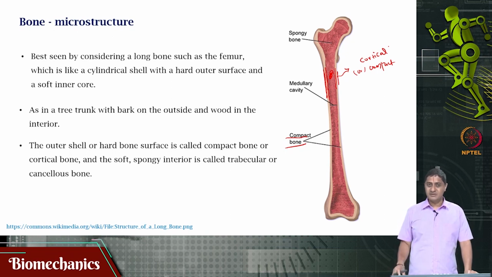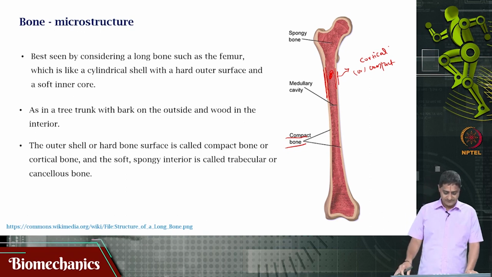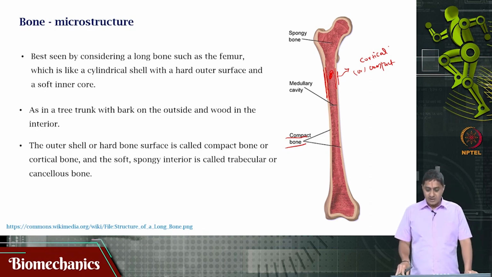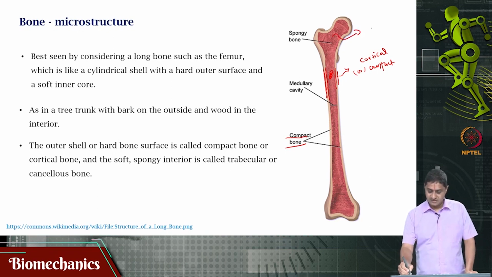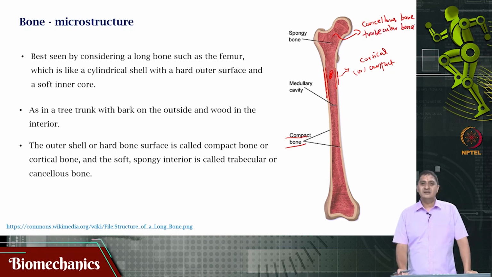Here cortical bone means the outer strong compact bone. Okay. The bone that is found in the middle, the soft spongy bone, sponge like bone, is called cancellous bone or trabecular bone. This is called cancellous bone or trabecular bone.